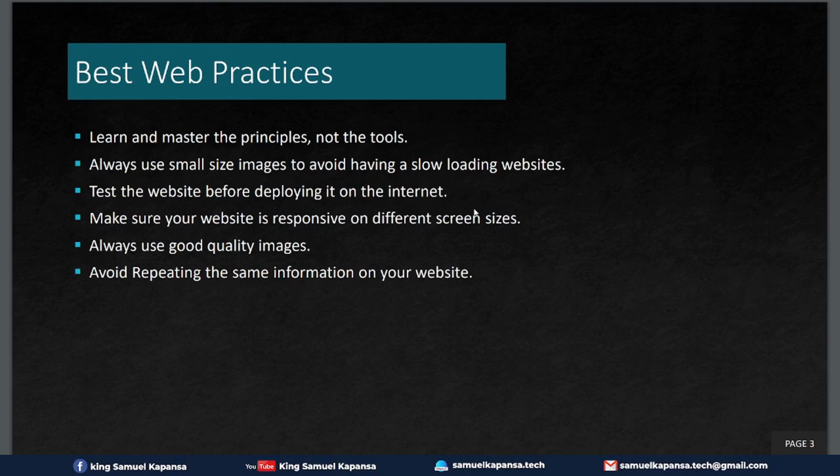Okay, then the last one is avoid repeating the same information on your website, right? So this is really important, especially when it comes to search engine optimization, which is again another thing that we'll look into deeper when we start looking at search engine optimization itself. Okay, so the reason for this is because when you put your website out there and it has the same information on different pages, the search engines go through your sites.